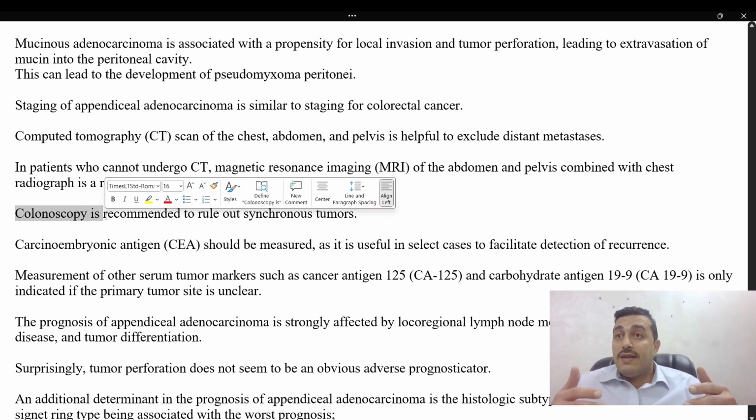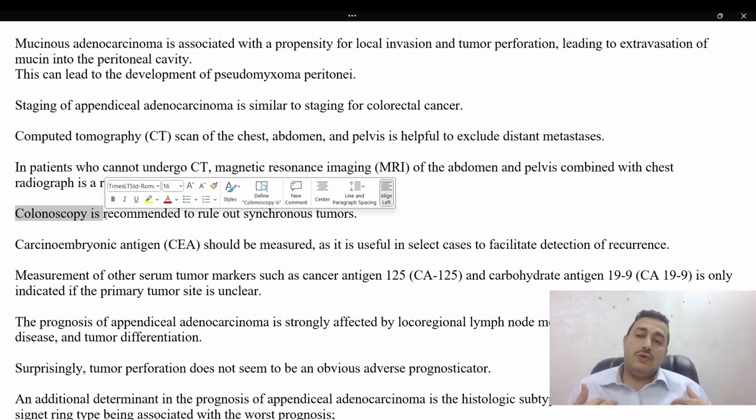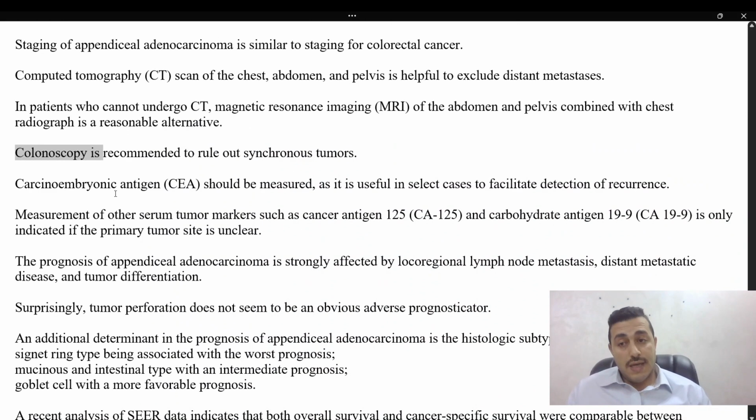Actually, this is after the histopathological report of the appendectomy comes back to you. You have to proceed with your investigations, with your staging. What else? Antigen, CEA, other tumor markers. If we have concern about the diagnosis, if the diagnosis is not clear, we can order CA 125 and CA 19-9.